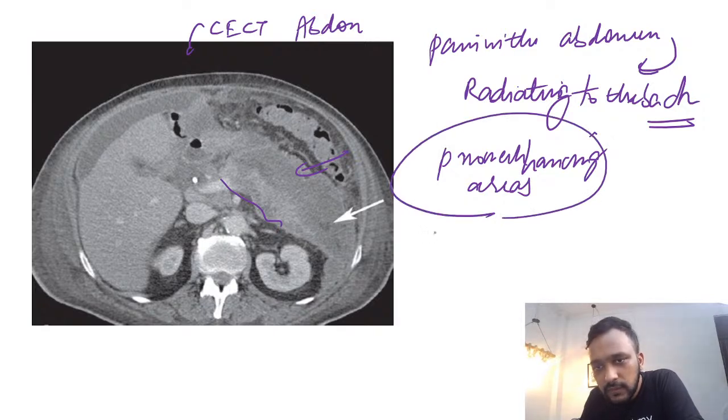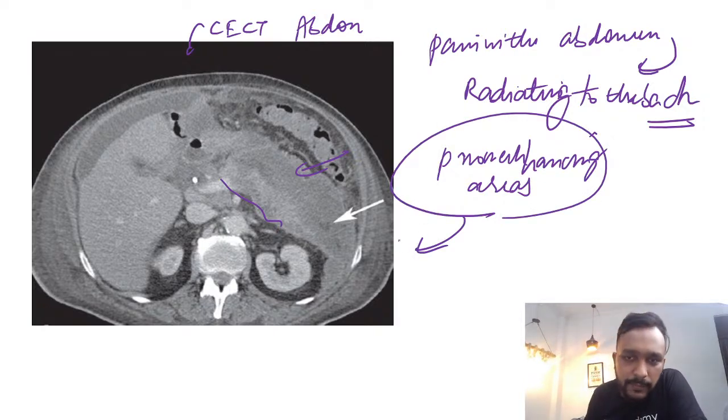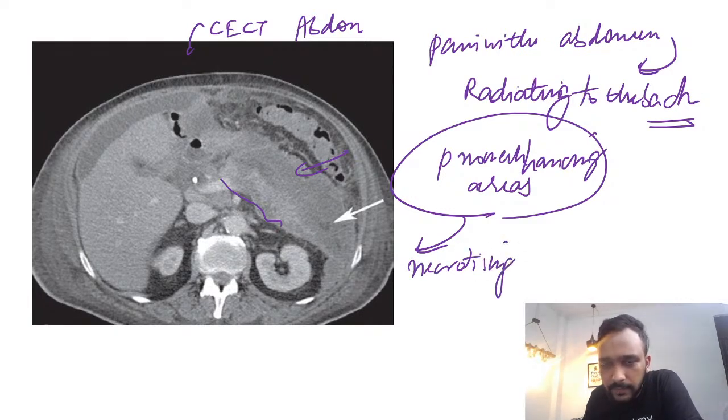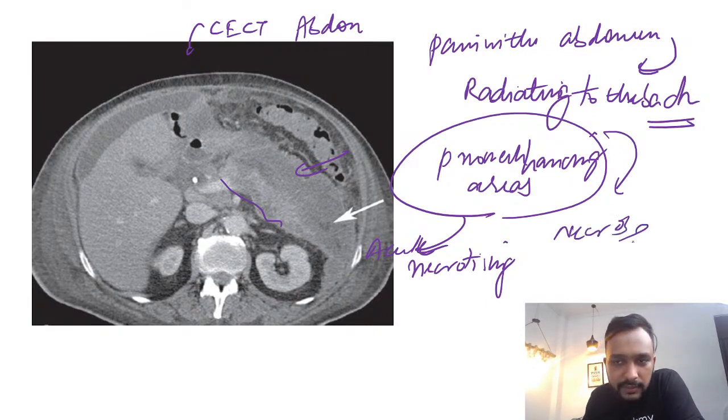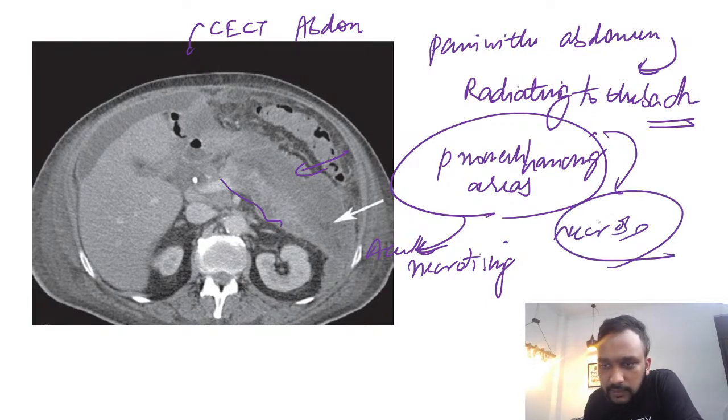These non-enhancing areas within the pancreas are pointing towards necrosis, and this necrosis within the pancreas will be a case of acute necrotizing pancreatitis.